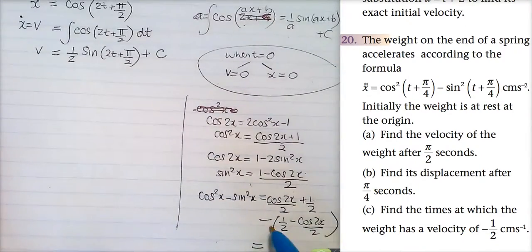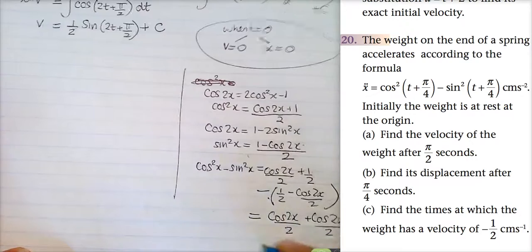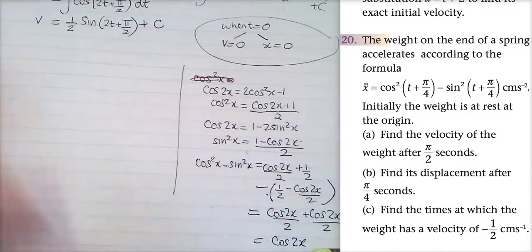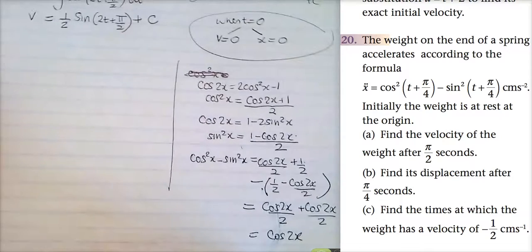The halves cancel, and you get cos 2x on 2 plus 2x on 2, which is a half cos 2x plus a half cos 2x, which is just one lot of cos 2x, which is what we were doing.